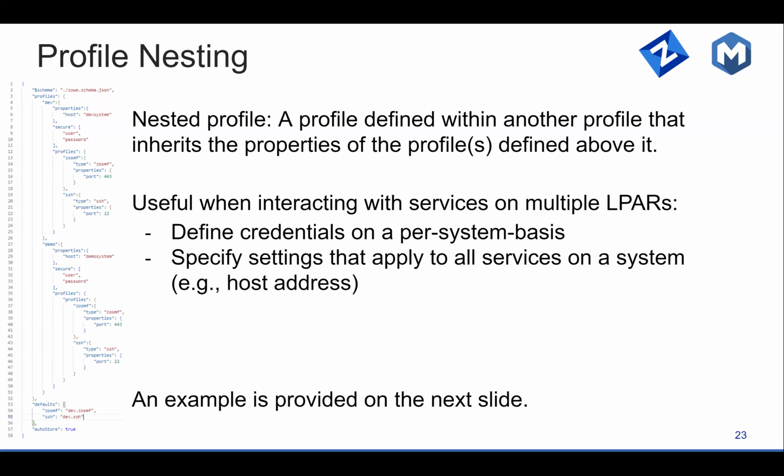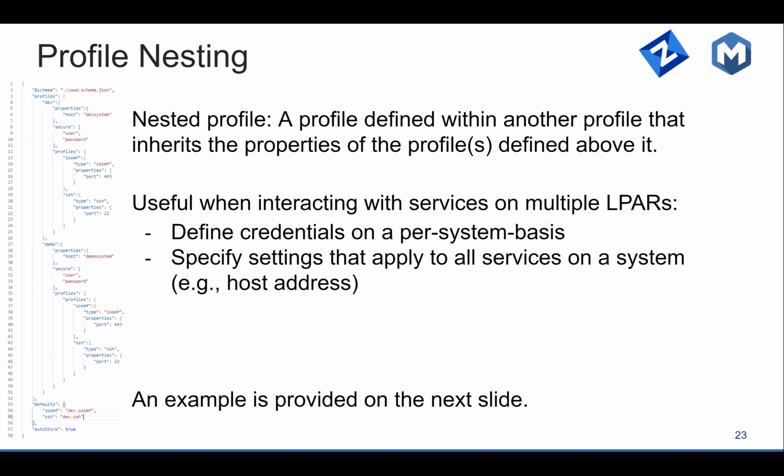But so nesting can take place of a base profile in certain ways, while giving you more control over the service profiles that inherit the specific properties. This is useful when you're interacting with services on multiple LPARs or different systems, different sysplexes, because it lets you define credentials on a per system basis.